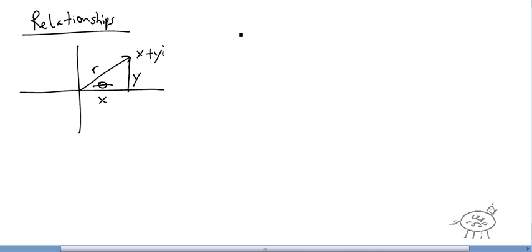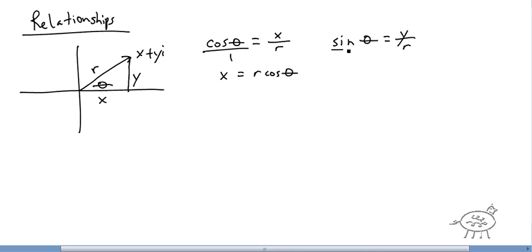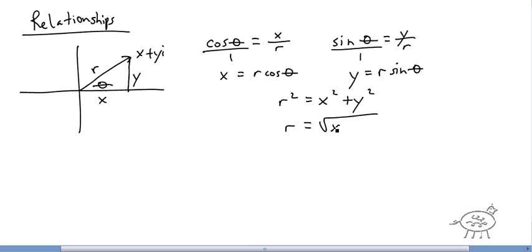Let's make some relationships between these. Cosine of theta is our old ratio, x over r. If I cross multiply, I get x equals r cosine theta. Same thing, sine of theta is equal to y over r, and cross multiplying, y equals r sine theta. Then using the Pythagorean theorem, r squared equals x squared plus y squared, so r is equal to the square root of x squared plus y squared.